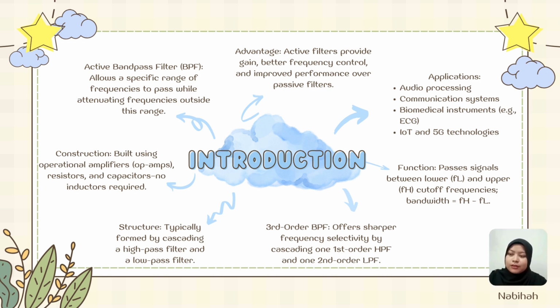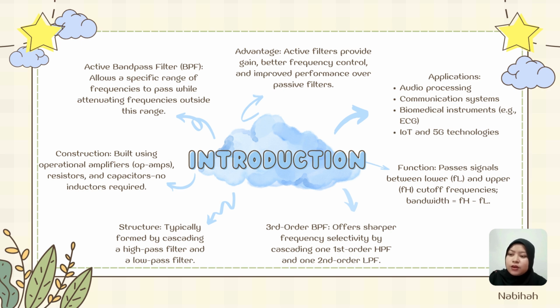Assalamualaikum and hi, my name is Nabiha binti Zubatuahan. My metric number is DN240012. Today, our group will present our project on the design and simulation of the third order active band pass filter, or BPF. An active band pass filter is an electronic circuit that allows signals within a specific frequency range to pass while attenuating those outside the range.